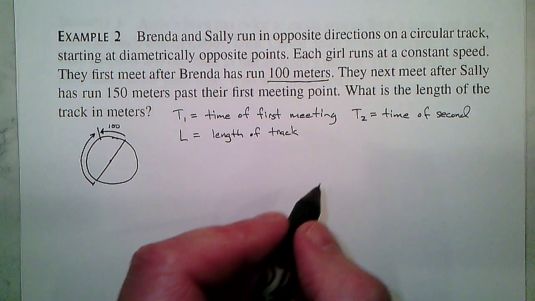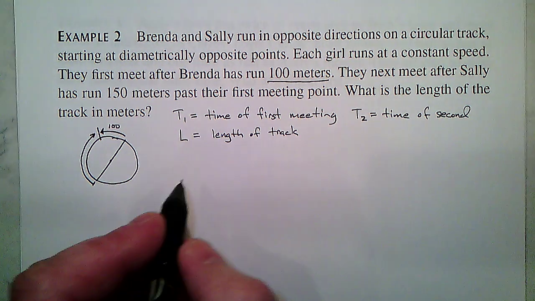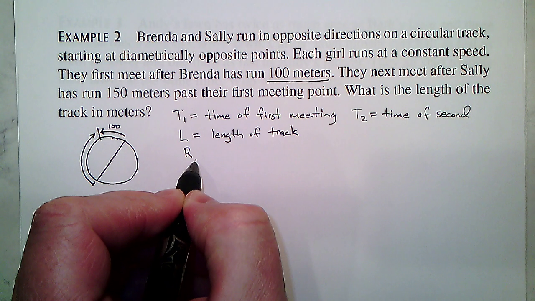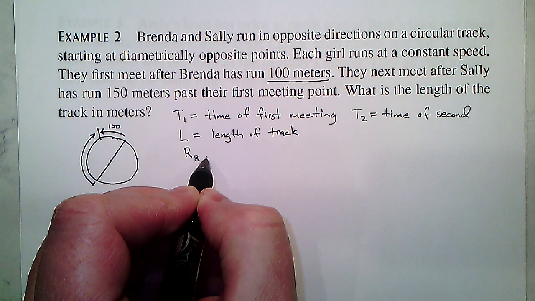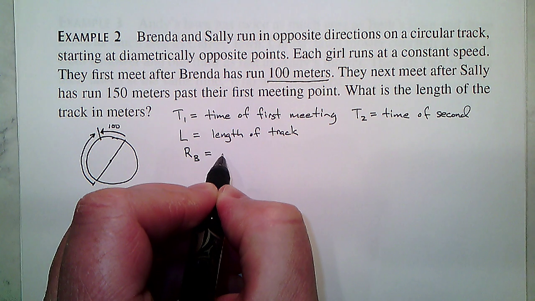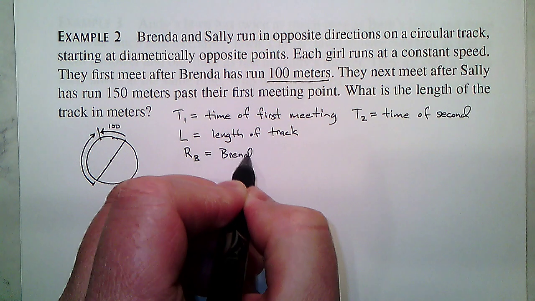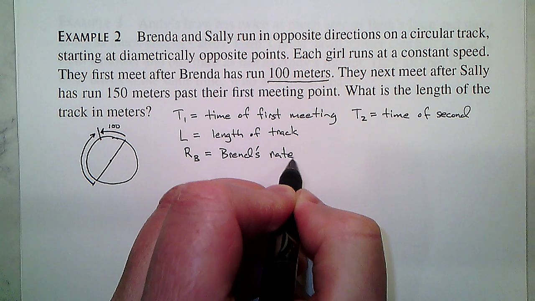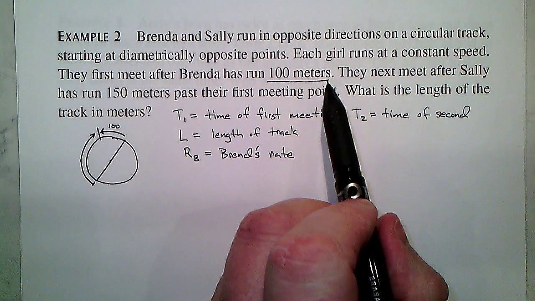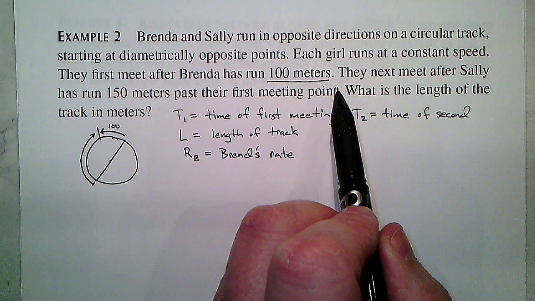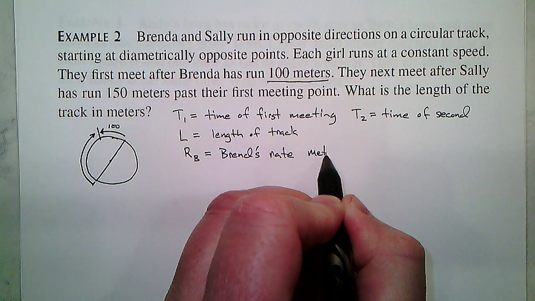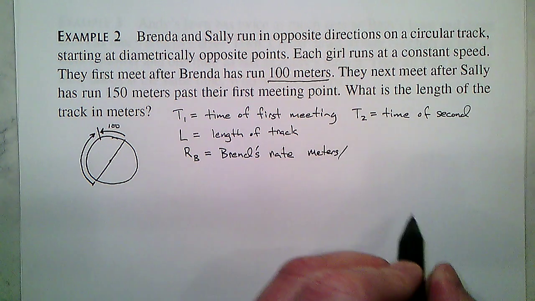I need a rate for these ladies. So how about if I let R, well, let's see, it's Brenda and Sally, but how about R sub B equal Brenda's rate? And now we know they're both constant, so at least the rates don't change. So this is Brenda's rate. We know that this is meters, so we're not really told what that rate is, but it's probably meters per something.